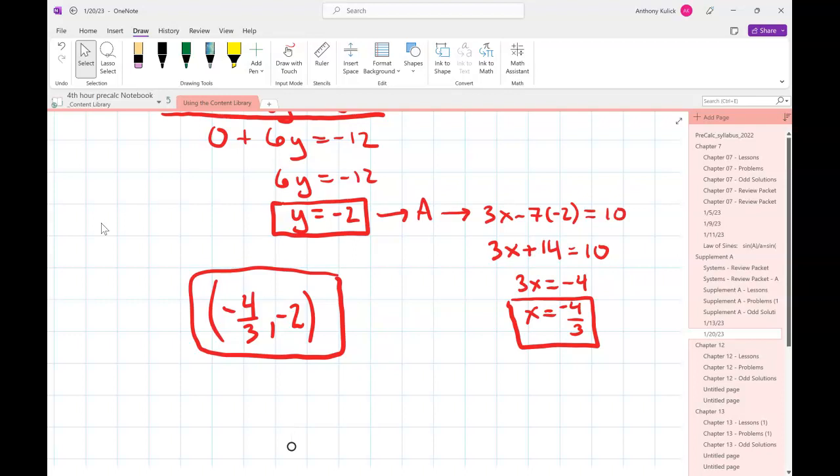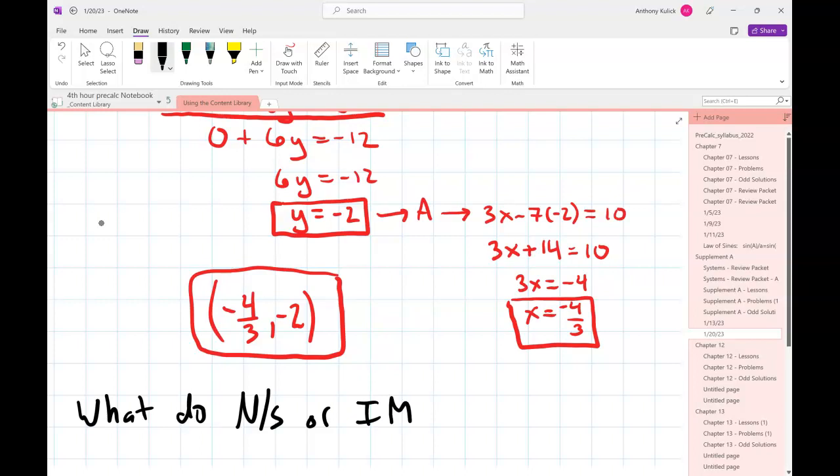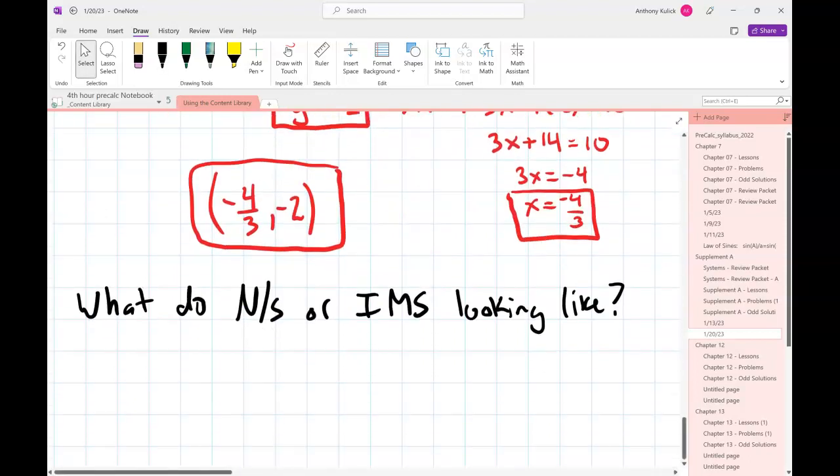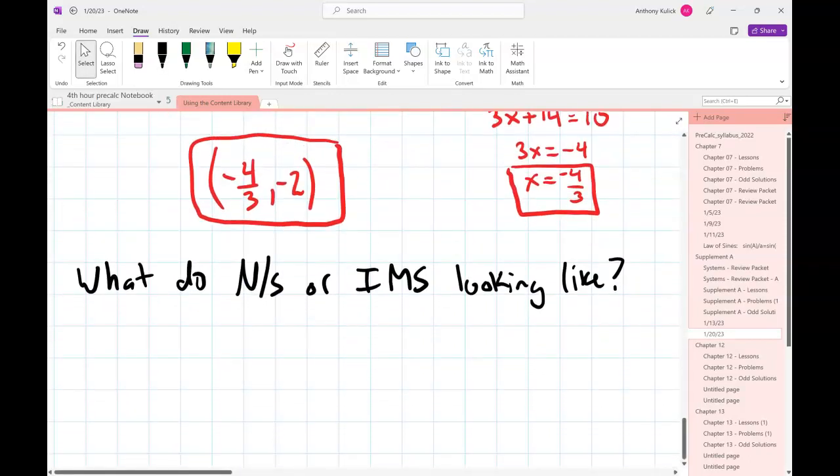No solution and infinitely many solutions, right? So if I'm doing this substitution or elimination process, what does it look like when I get no solution or infinitely many solutions?